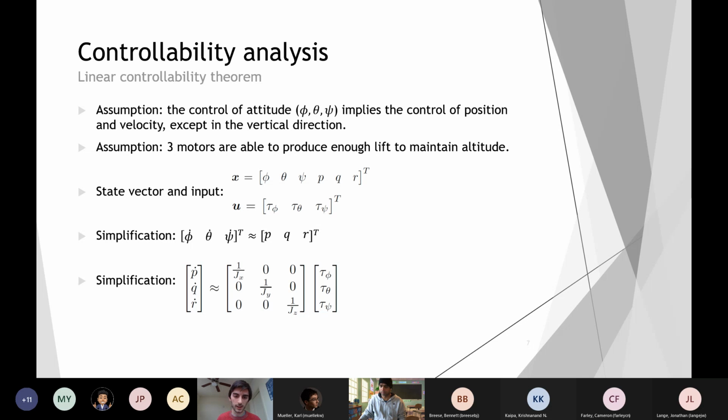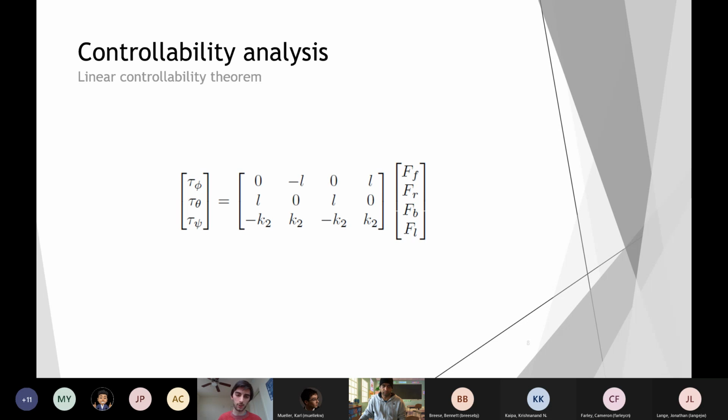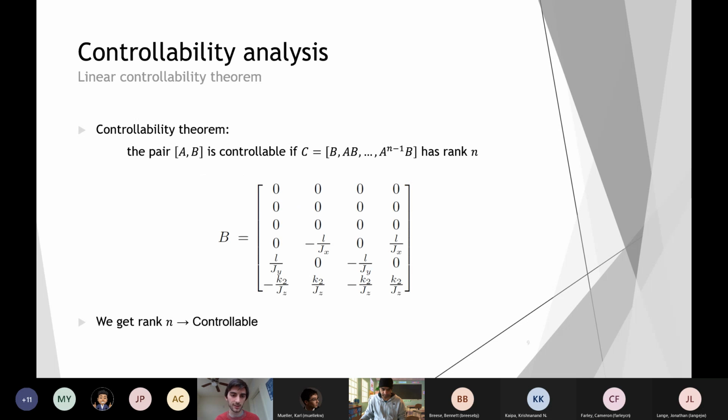However, if we want to take into account the effect of each of the motors, we have to introduce this relationship between the force produced by each of the motors and the torques. This is taken from the quadrotor notes we used in class, and it's a linear transformation, so this is not a big issue.